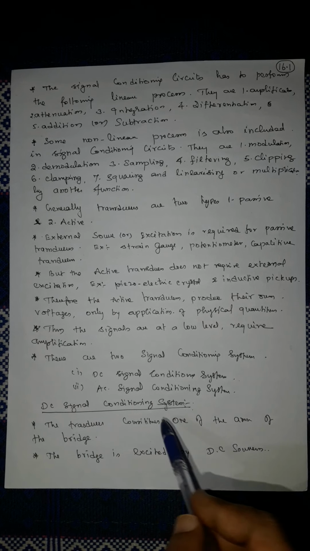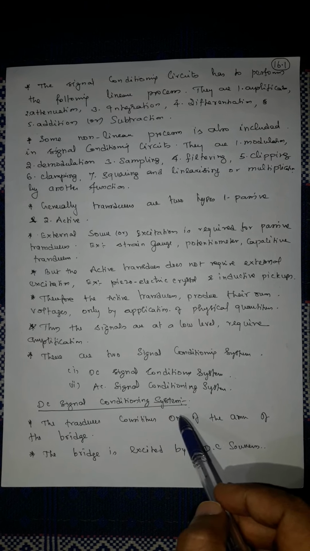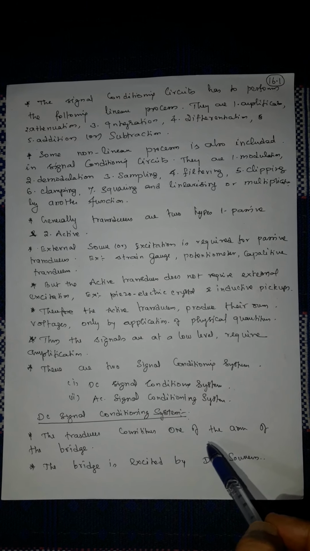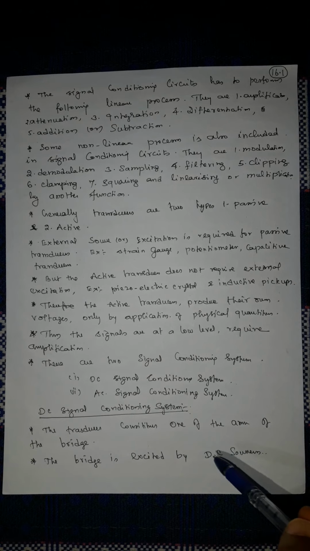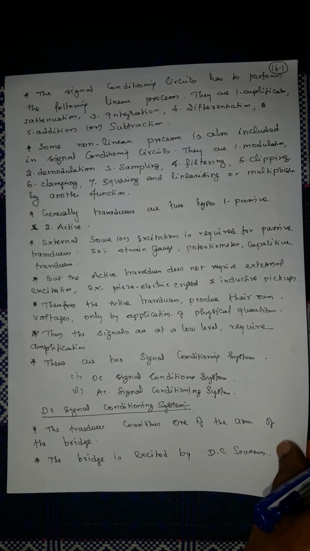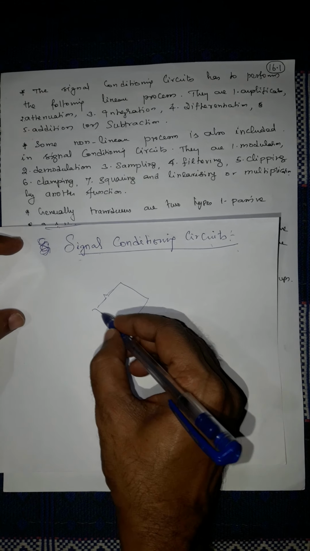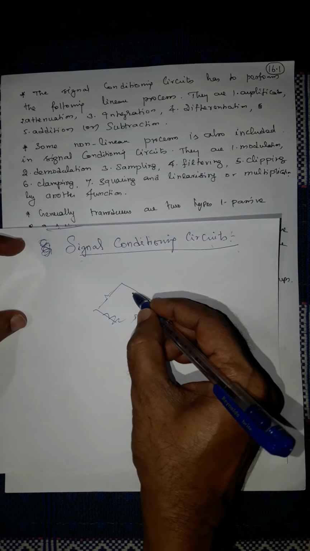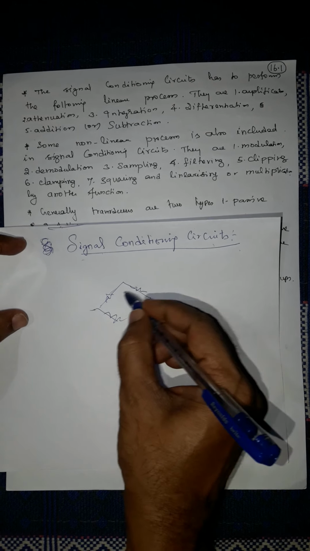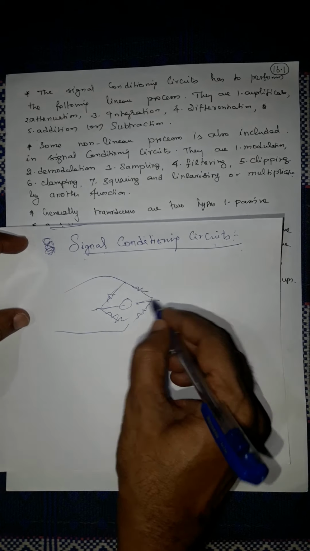Let us see the DC signal conditioning system first. In the DC signal conditioning system, the transducer forms one of the arms of the bridge. Already we know that the bridge consists of four arms. Here we give the input, and this one is the output.